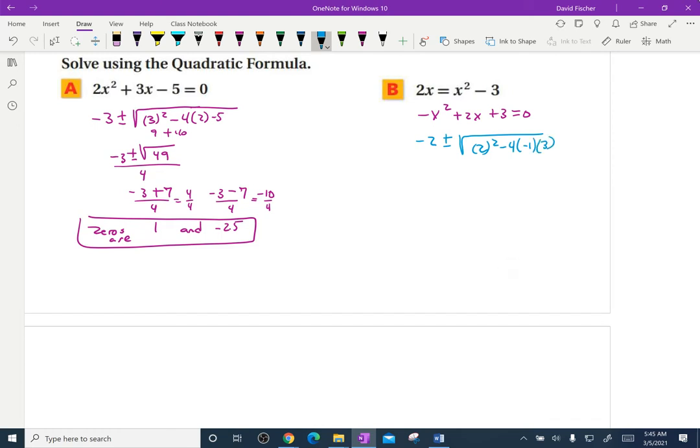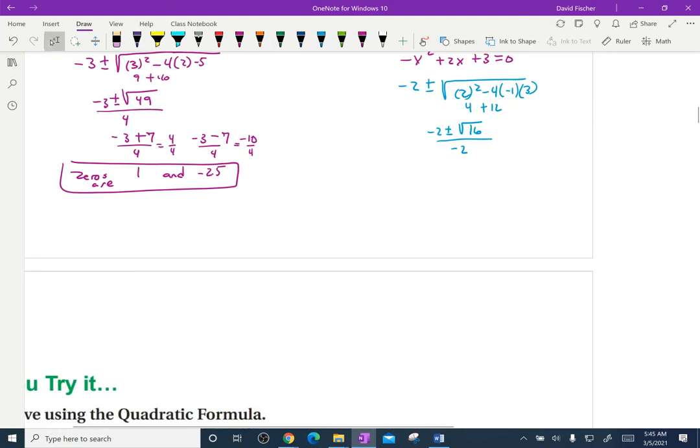Again, leave some room and do all this work real quick. Negative 4 times negative 3 is positive 12. So really I have a square root of 16. Now I'm going to do my 2 times a. My a is negative 1, so that's going to make it negative 2. And lucky for me and you, we have the square root of 16, which is a perfect square.